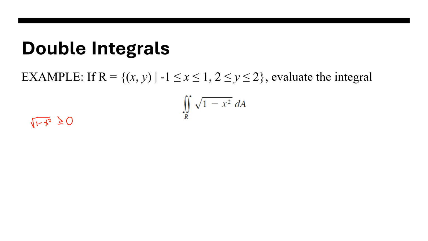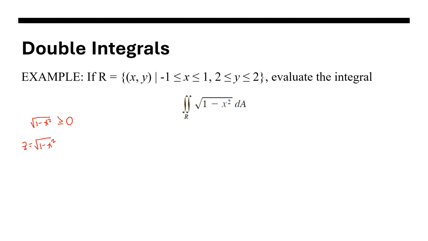We can now compute the integral by interpreting this as a volume. If z is equal to the square root of 1 minus x squared, we can square both sides.